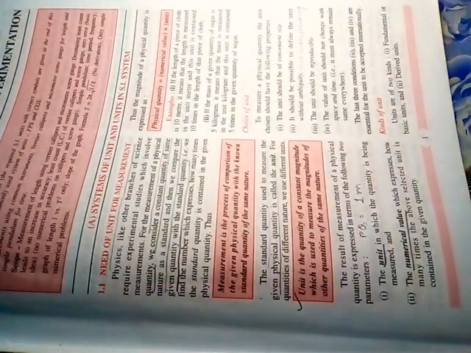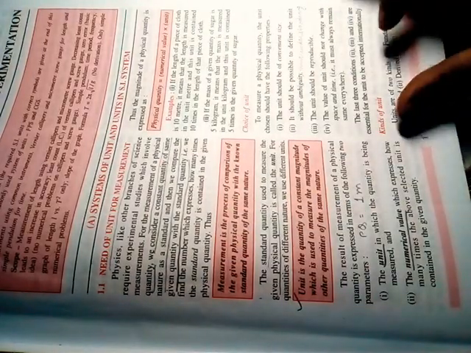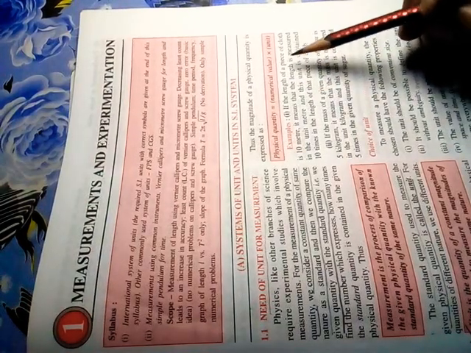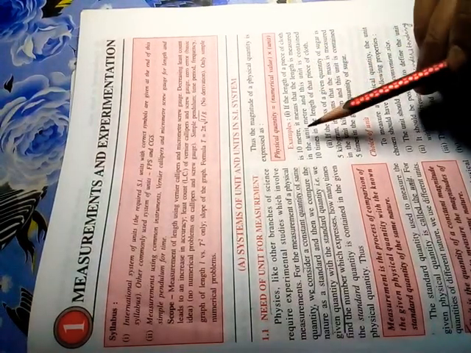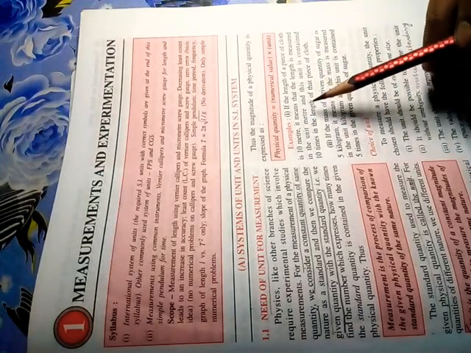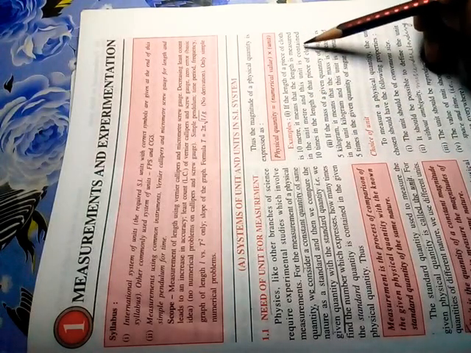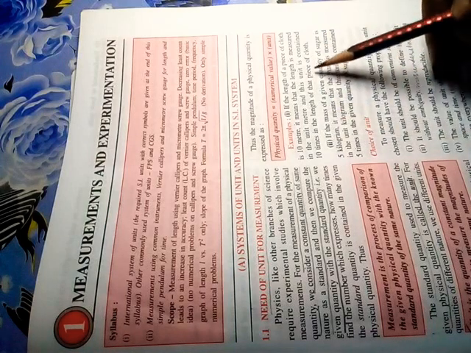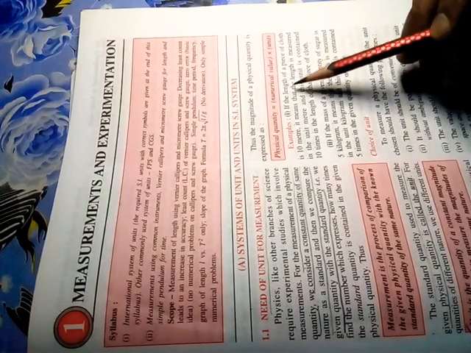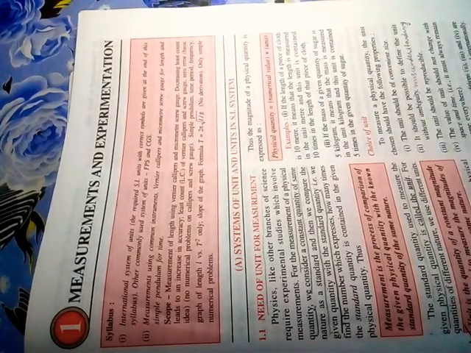Giving some more examples as it is given in your book, let's see this. If the length of a piece of cloth is 10 meter, it means that the length is measured in the unit meter, and this unit is contained 10 times in the length of the piece of cloth. So what do we mean by this? The length of the piece of cloth is 10 meter.